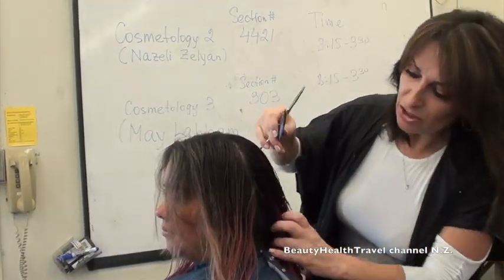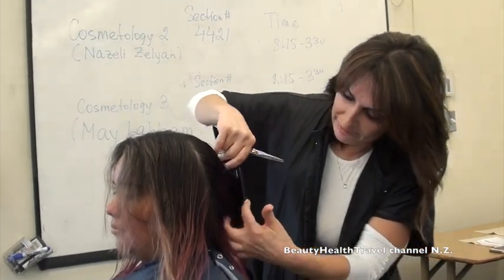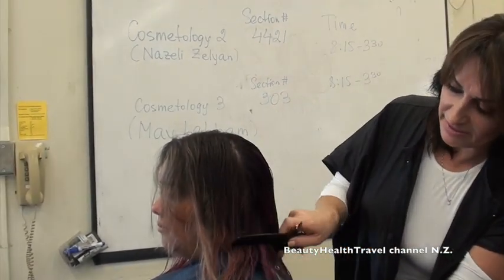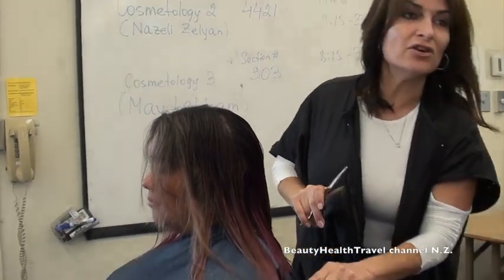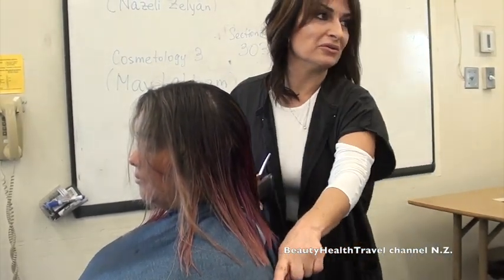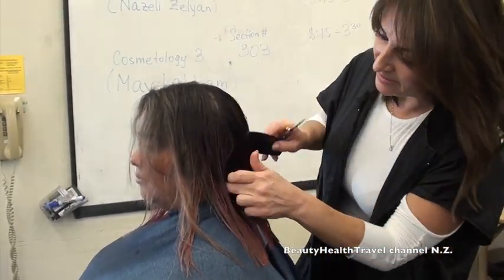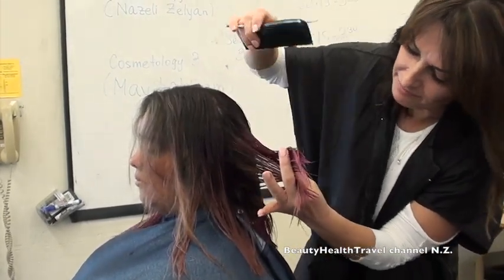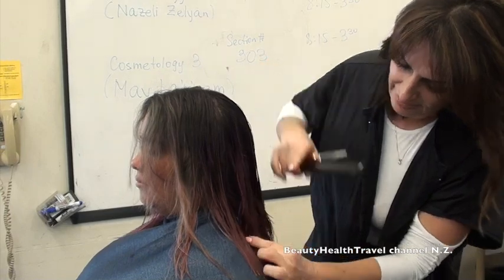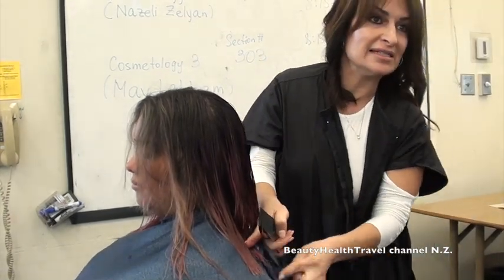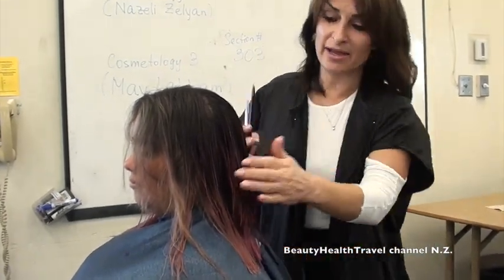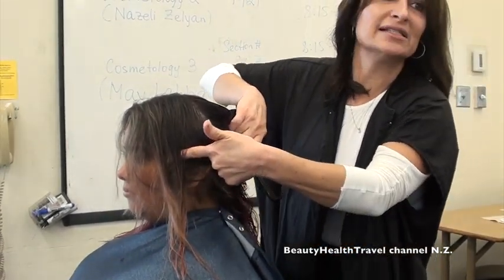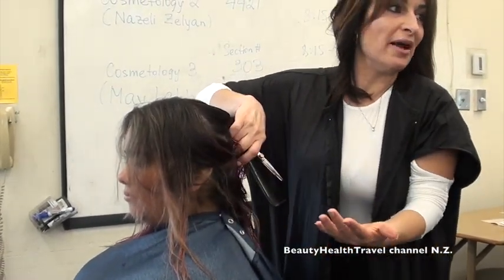I pulled this back so that I can do my layers, but here I need to be careful because this is the transition area. I don't want to make a hole in my zero. If I pick this piece up and layer all that, when I drop it, I will have a shorter piece in there because it's a transition area. I'm going from hairline coming from here to hairline growing and stopping here. I've got to transition somehow.